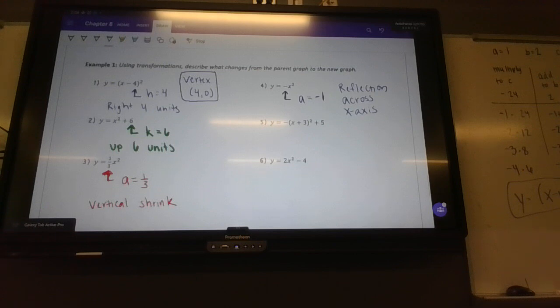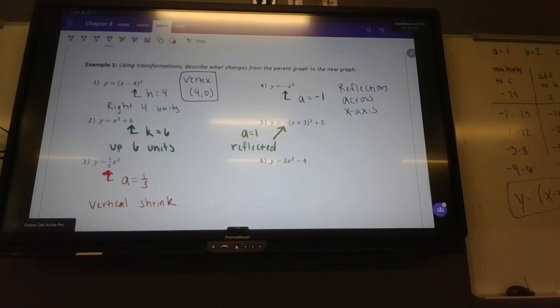Like when you dive, you change elevation. So reflection's more like a dive. You flip over. I guess it's more rotation. Yeah, A would be -1. So this is reflected.